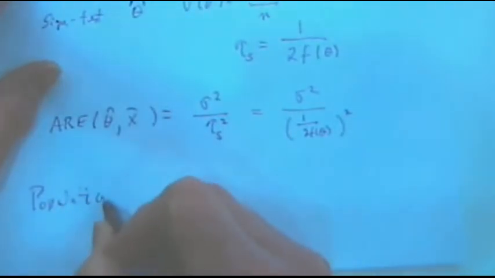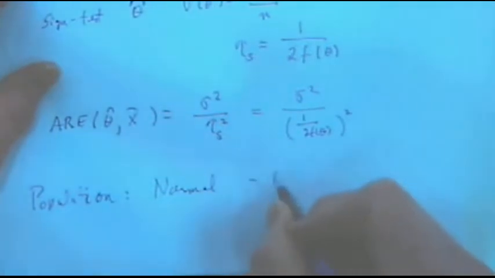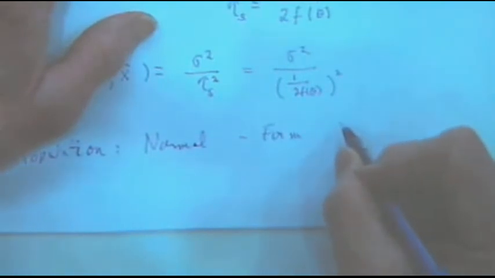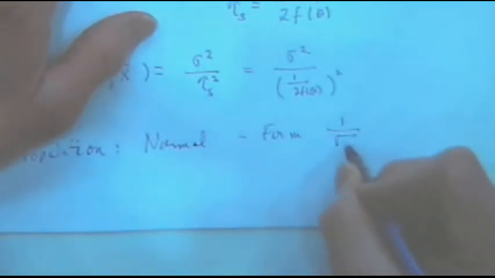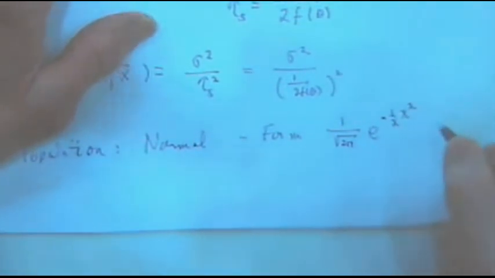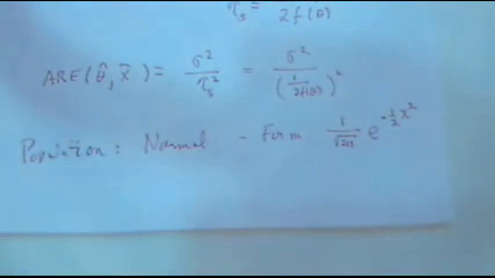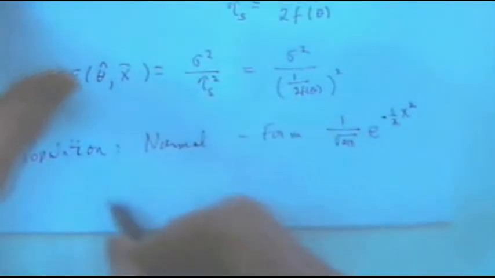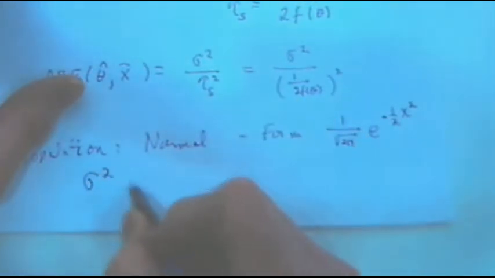So the population is normal, and the form is the standard normal. So let's look at this population. There's the density, which is still not that nice. For this, I need the variance, which will be 1, since this is just a standard normal.